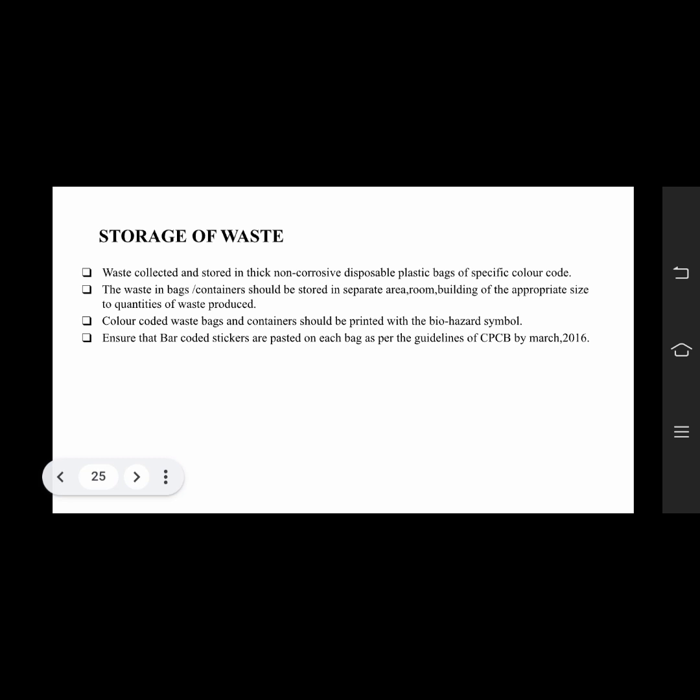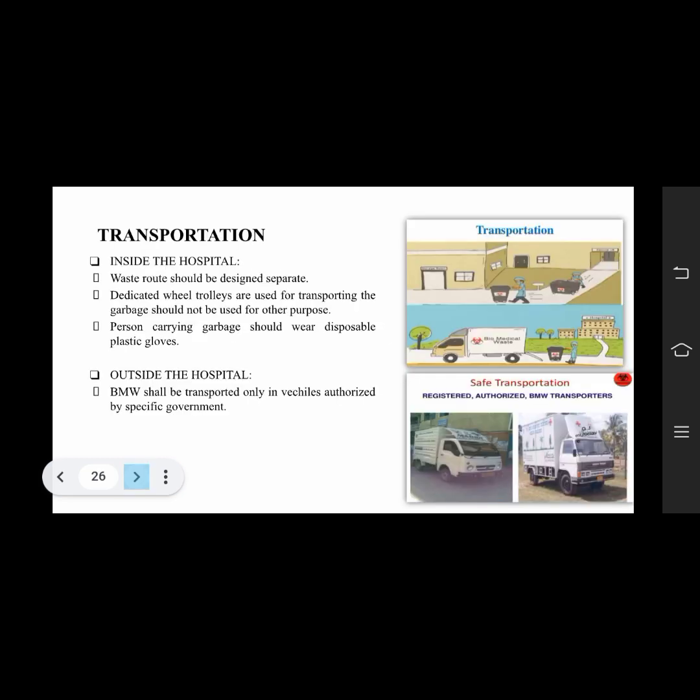Then we keep it before the collection comes, and it is transported to different areas to treat this waste. After that the transportation comes, with different vehicles or municipal vehicles, taking all these hospital waste products, all these biomedical waste products.